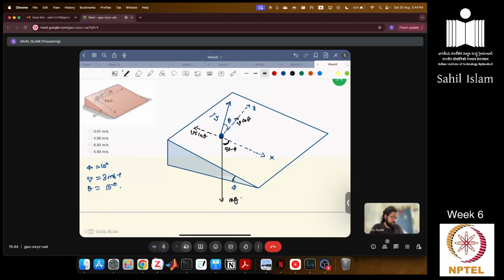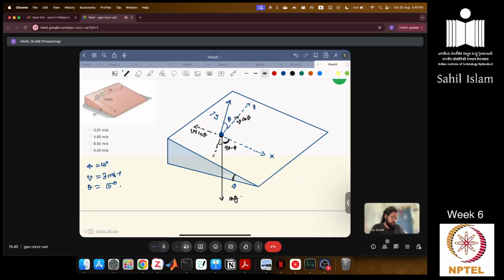This angle makes phi, and the other angle along the inclined plane should be 90 minus phi.